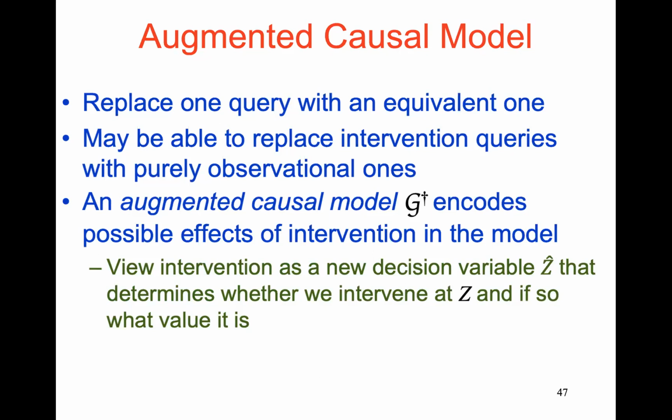So the interventional queries become observational queries. An augmented causal model, curly G dagger, encodes possible effects of intervention in the model. We view intervention as a new decision variable Z hat that determines whether we intervene at Z, and if so, what value it is.